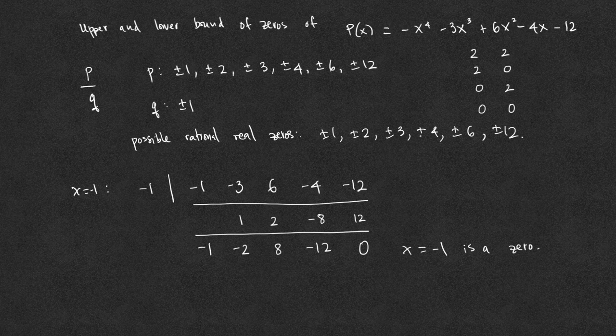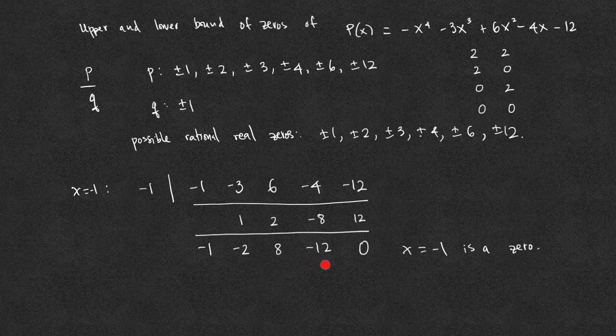The last row in the synthetic division in this case also doesn't tell us anything about the lower and the upper bounds of the zeros because the sign is not alternating.